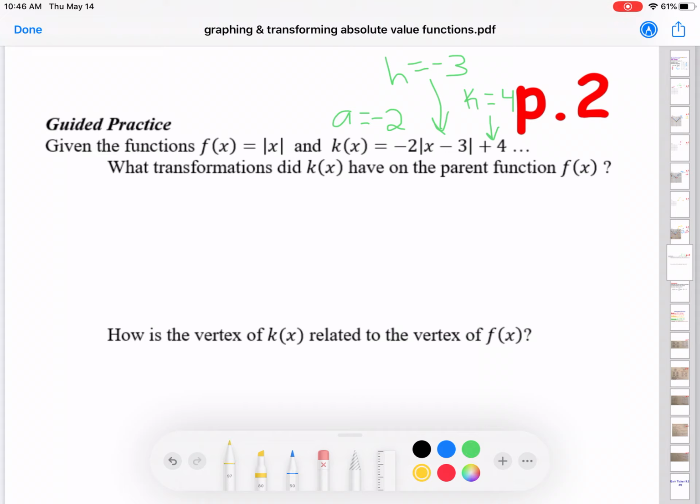Because our a value is -2, that actually will do two things for our graph. The negative sign will cause our graph to be upside down, or a more formal way of saying that is reflected across the x-axis.